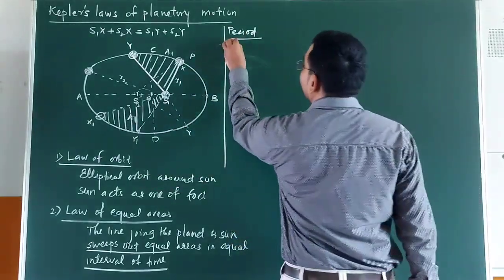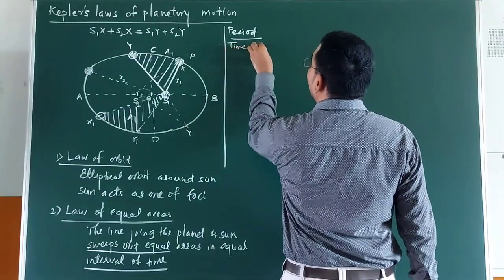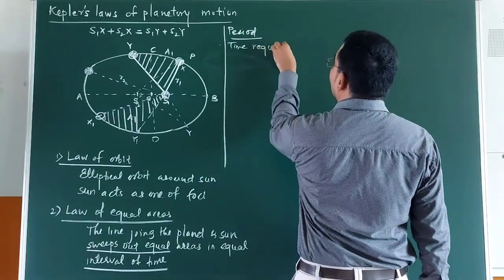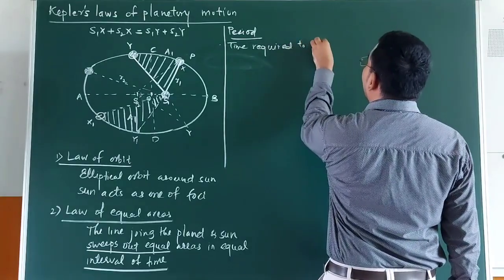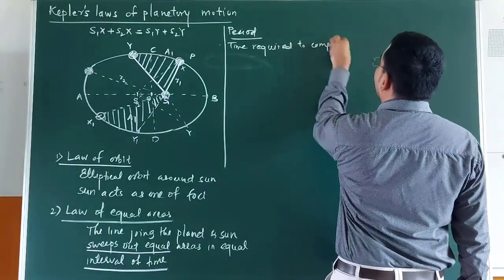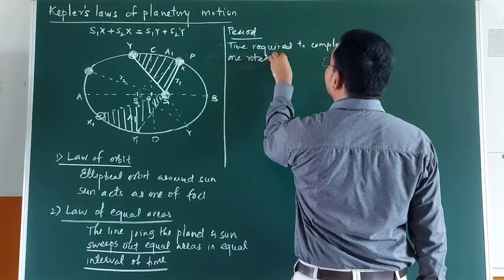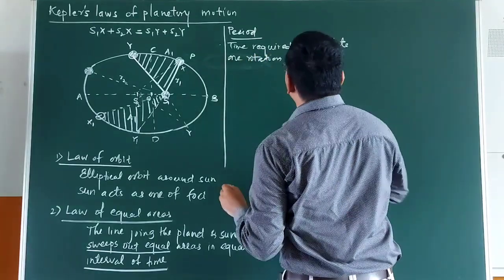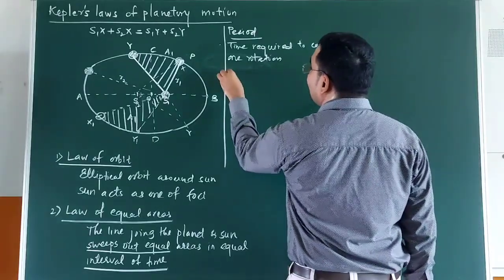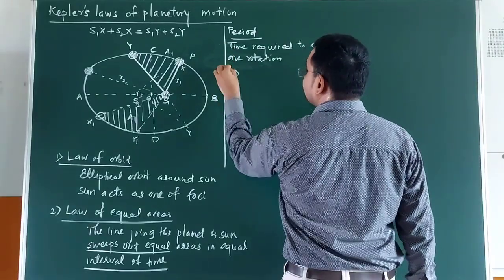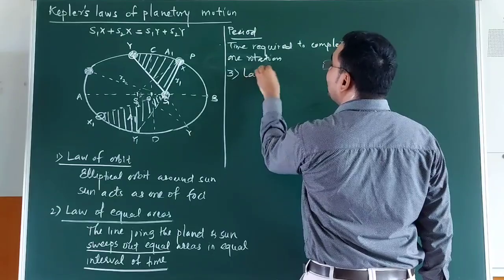Therefore I will say the time required to complete one rotation or revolution is called what? The period. So the third law is the law of period.